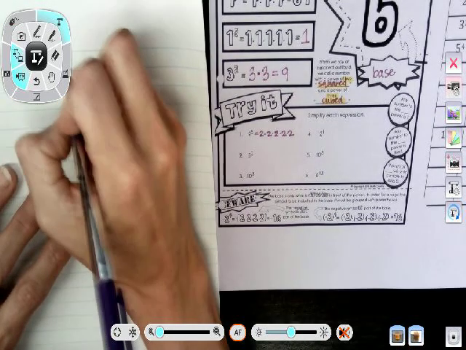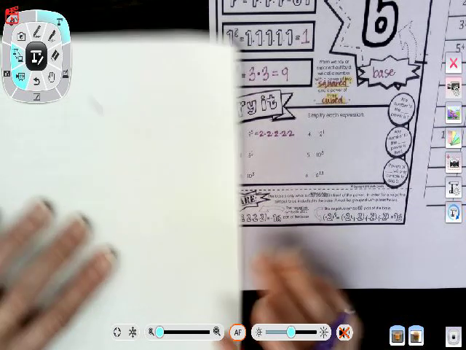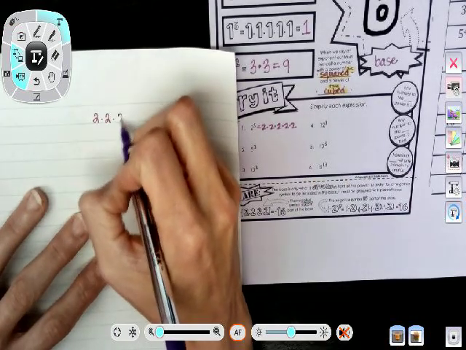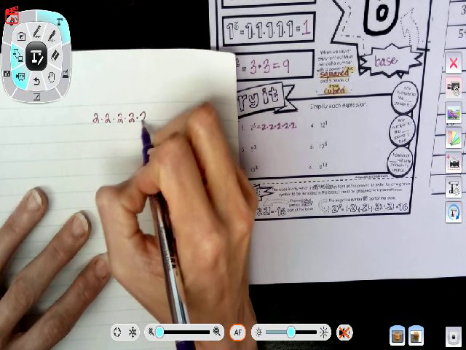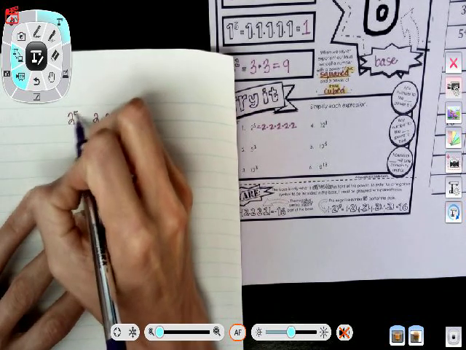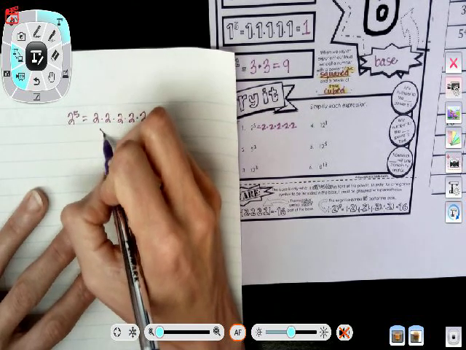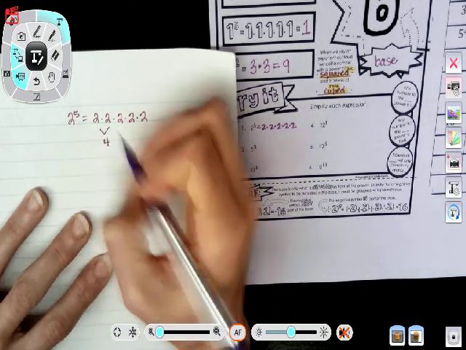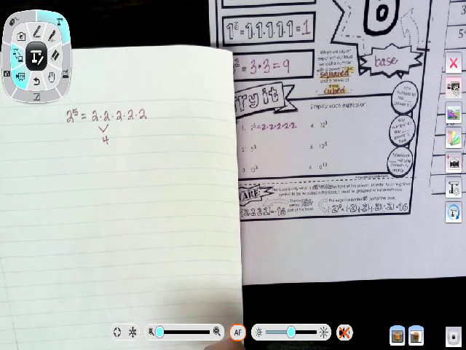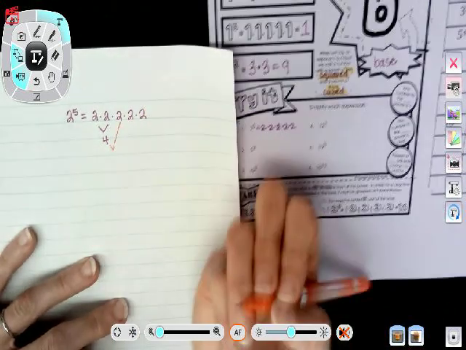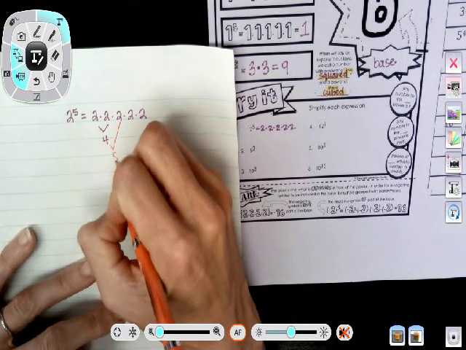So let's see, 2, oh, you guys can't see that. Let's see, 2 times 2 times 2 times 2 times 2. That's 2 to the 5th power. You got to go slow. 2 times 2 is 4. And you got to take that 4 and times it by that next 2. 4 times 2 is 8.